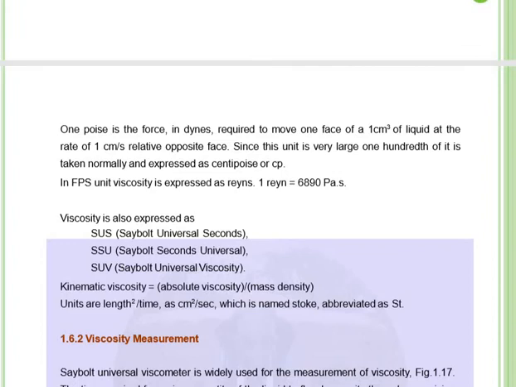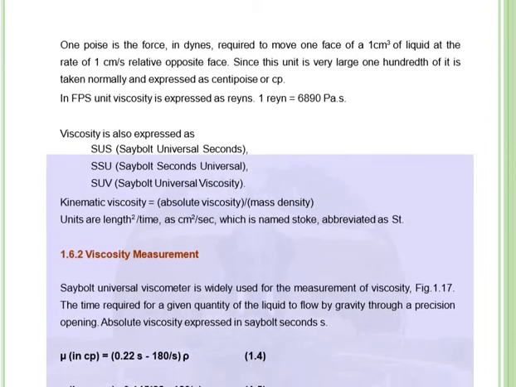Okay, three types. We can be asked any in UPPSC exams, APPSC, TSPSC and Staff Selection Commission. These bits will come. So generally kinematic viscosity is absolute viscosity divided by mass density. We know that. This unit we call the stoke.